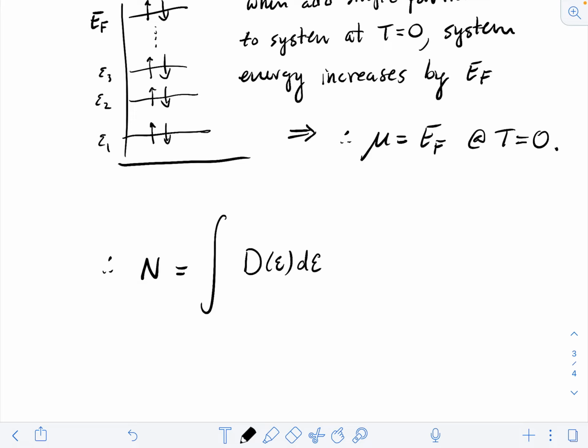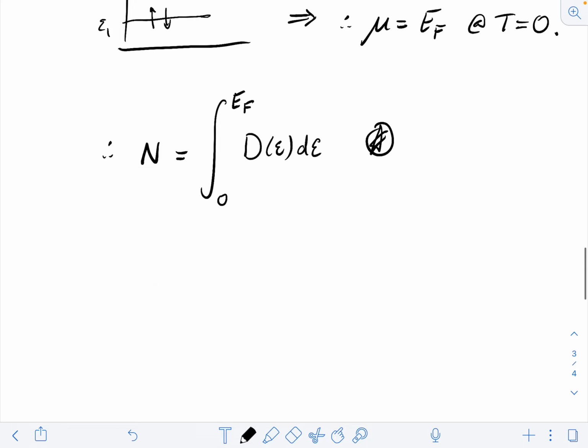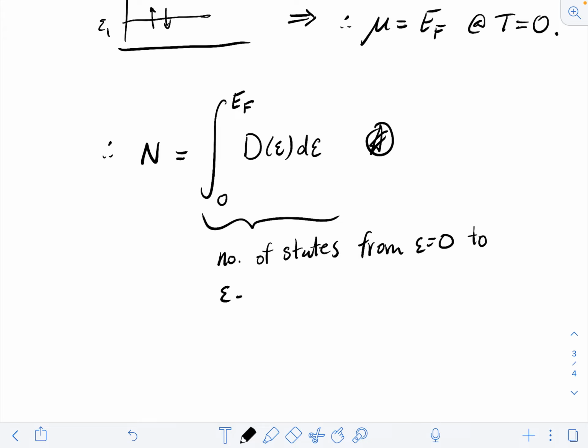And so if we add up the number of states available from an energy of 0 up to the Fermi energy, those are all the states that are filled. Once we get to the Fermi energy, those states are empty, so they don't contain any particles. And so this is one way of counting the number of particles in our system. Let's call this equation star, because we're going to come back to this. So this is the number of states from epsilon equals 0 to epsilon equal to the Fermi energy.